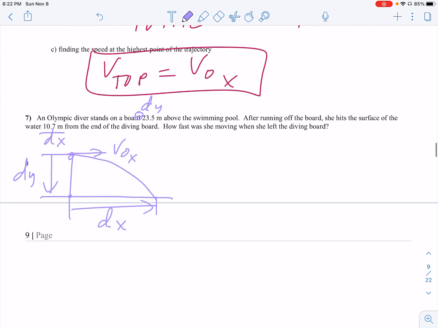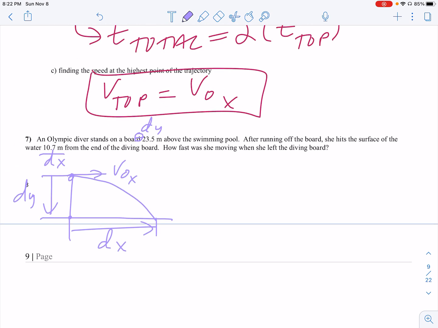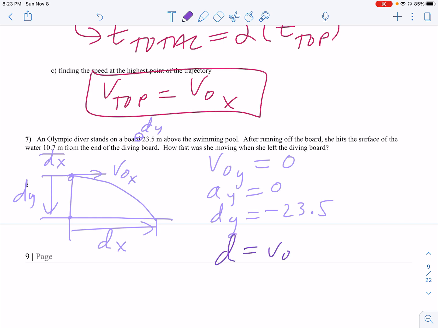So here's the strategy. First, find the time it takes to fall. VOY is 0. AY is negative 10. DY is negative 23.5. So let's find the time. D equals VOT plus AT squared over 2.